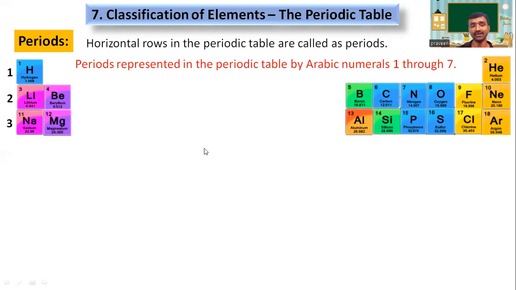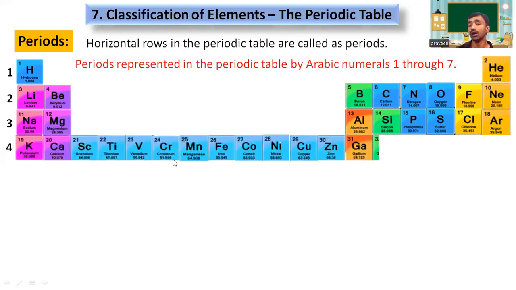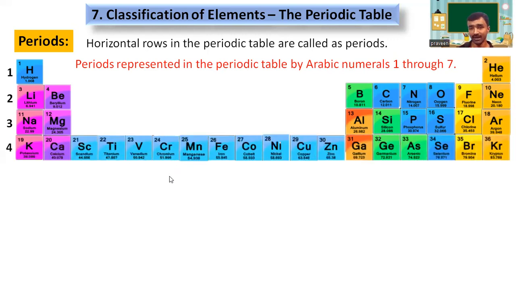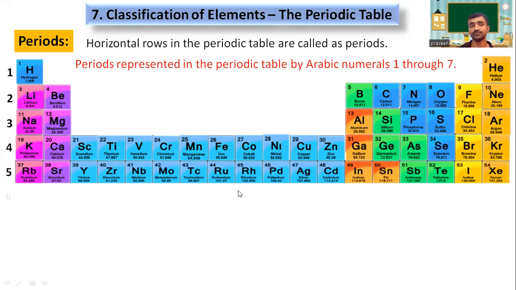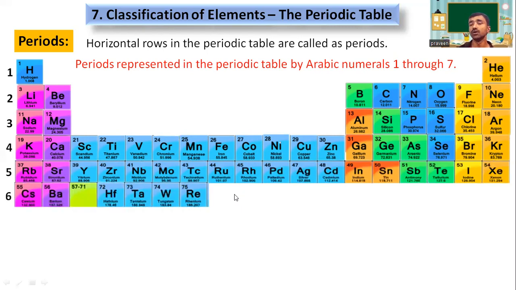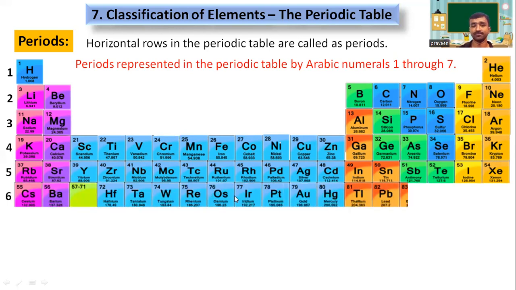The fourth period is from potassium to krypton. The fifth is from rubidium to xenon. The sixth period is from cesium to radon.